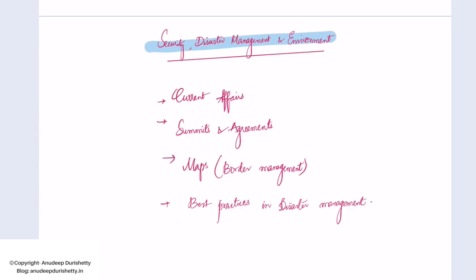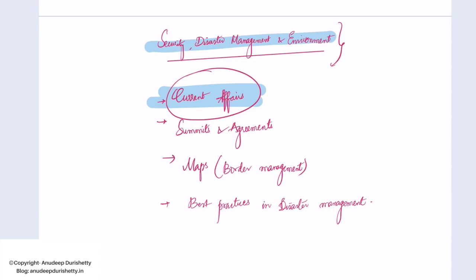Next, we move on to topics such as security, disaster management, and environment. There isn't much specific about answer writing under these segments, as questions are generally predictable as they tend to focus on current affairs. So if your knowledge of current affairs is good, you will sail through this section pretty easily.